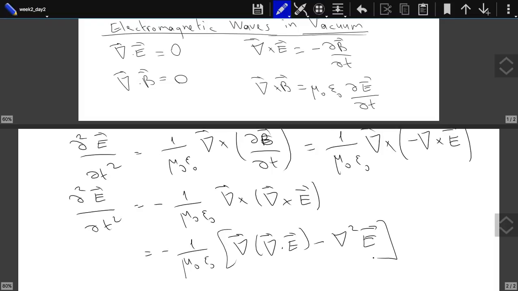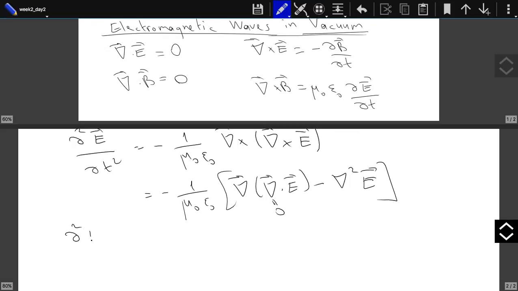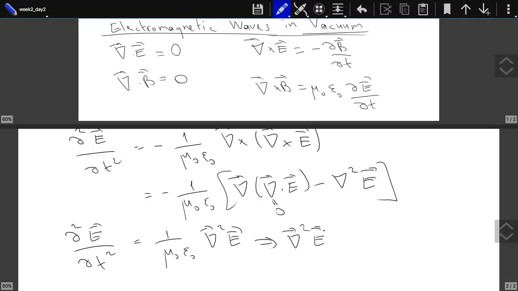What is the divergence of E? Look at our Maxwell's equations. That is 0 in vacuum. So the second derivative of the electric field with respect to time is equal to 1 over mu 0 epsilon 0 times the Laplacian of E, or the Laplacian of E is equal to mu 0 epsilon 0 times del squared E by del t squared.